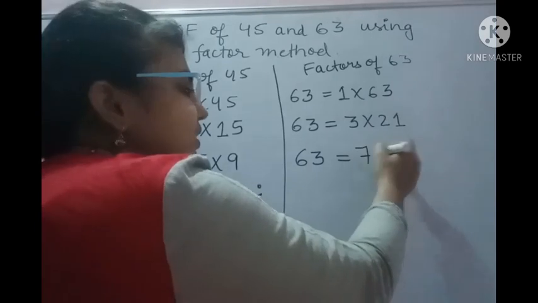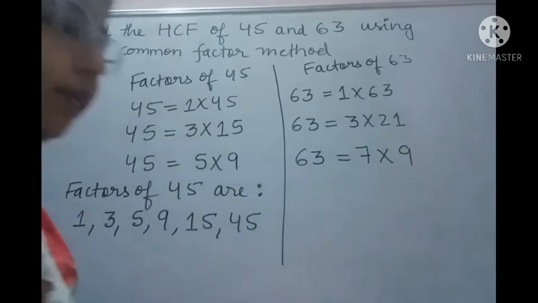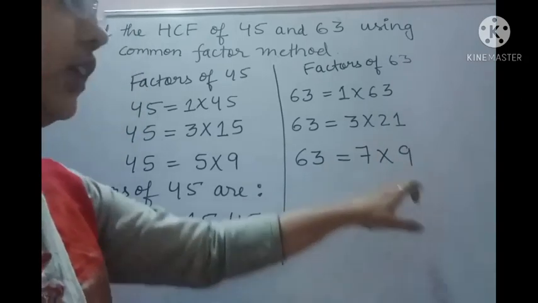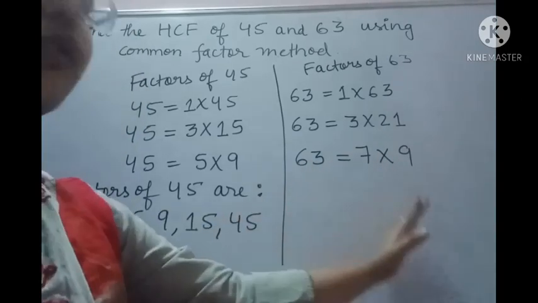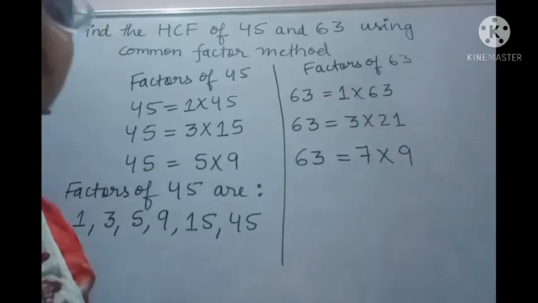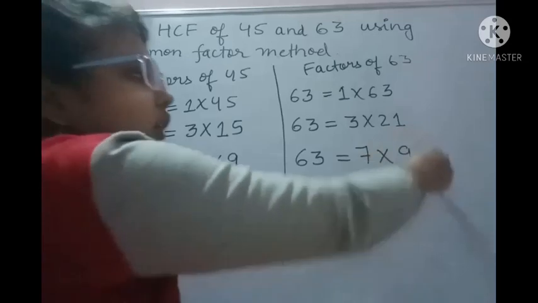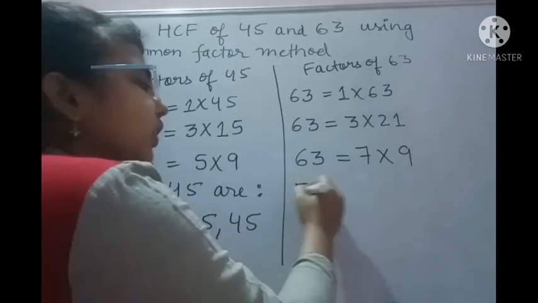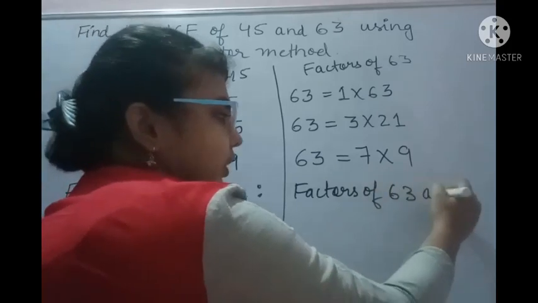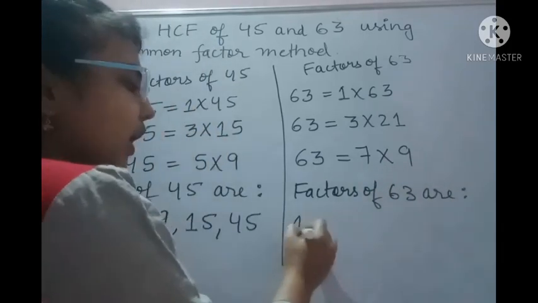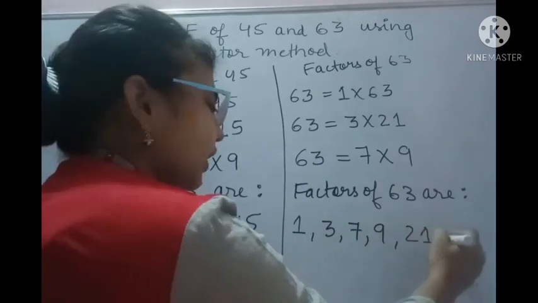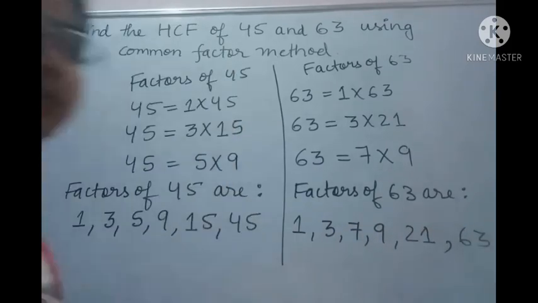So we can write that 63 is equal to 7 multiplied by 9, and it goes on in the opposite order: 9 into 7, then 21 into 3, 63 into 1. So you just take all these values. The factors of 63 are 1, 3, 7, 9, 21 and 63 itself.